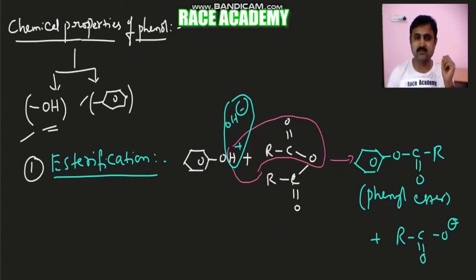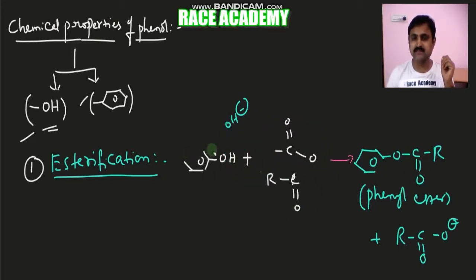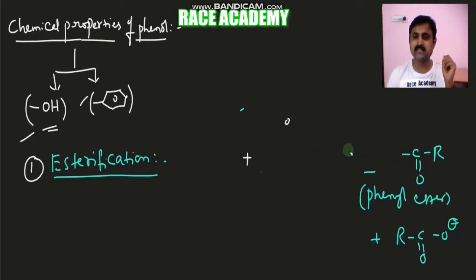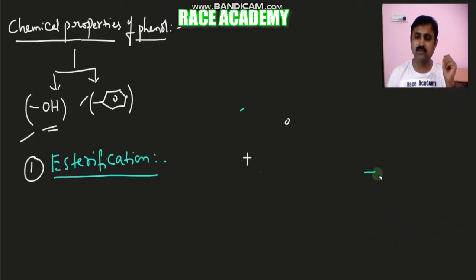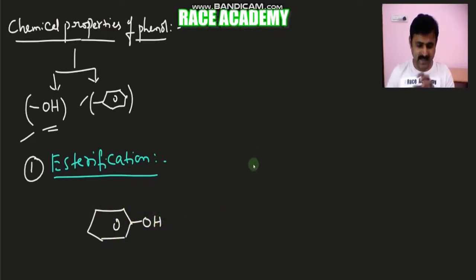In the same fashion, let us see how the reaction of phenol with acid chloride gives ester. For example, if you write phenol like this, and take the acid chloride RCOCl, I am writing RCOCl like this.